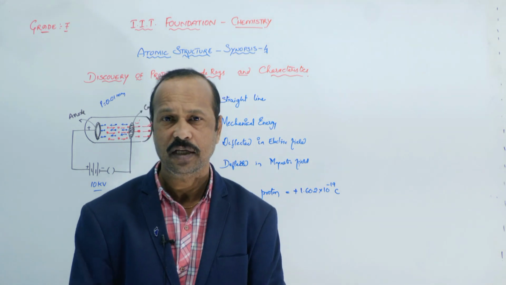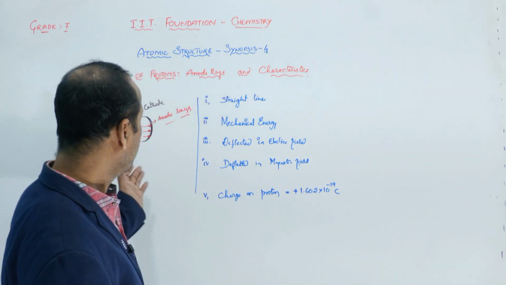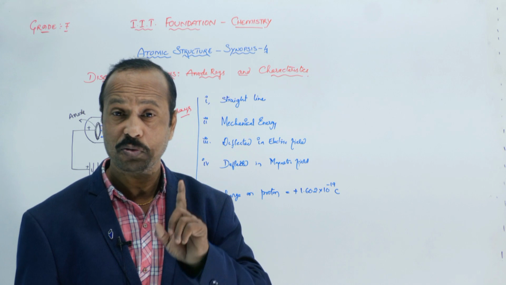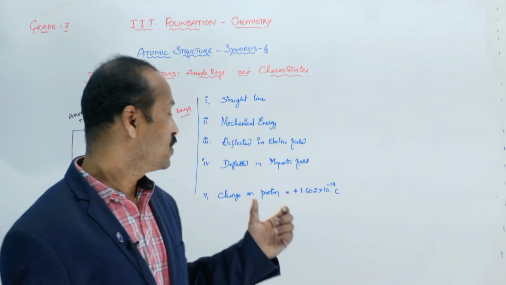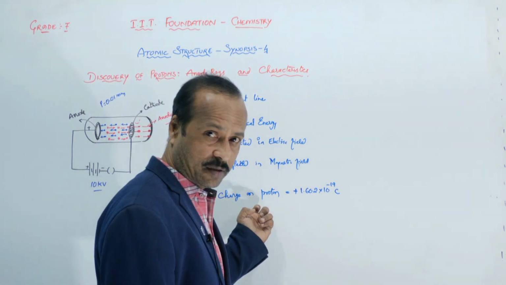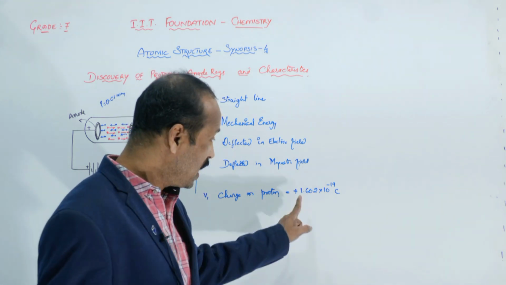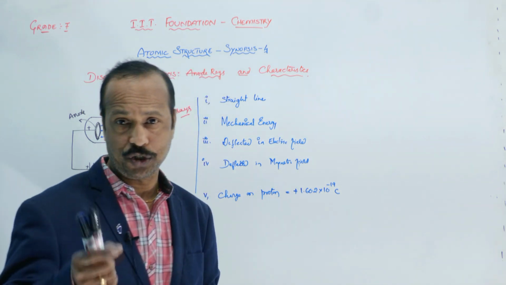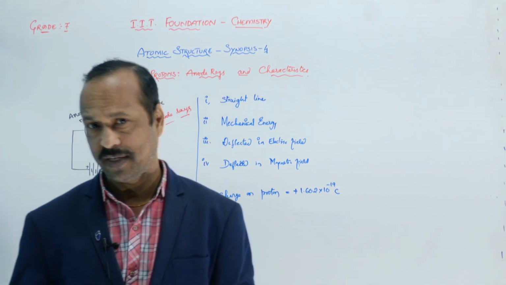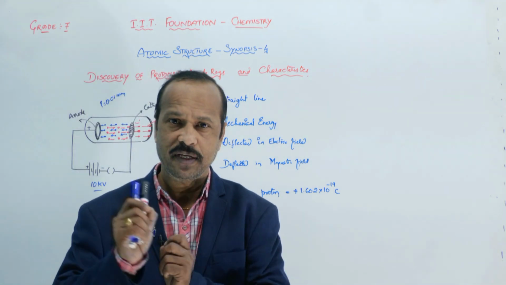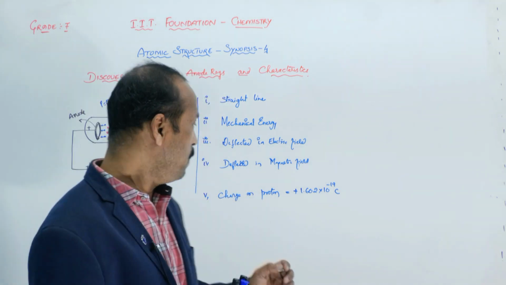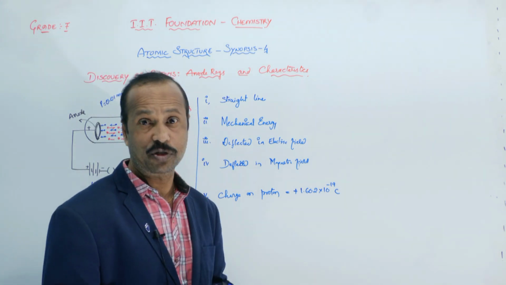Here also the e/m ratio was calculated, but the charge to mass ratio of the protons is different. Even though the charge is the same, the e/m ratio, which is called the specific charge, is different from the electrons. Why?